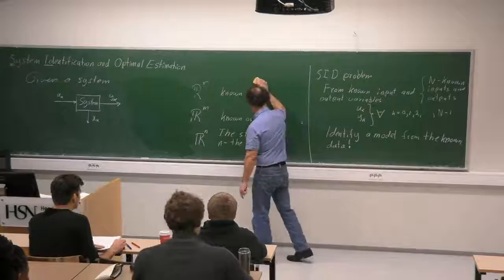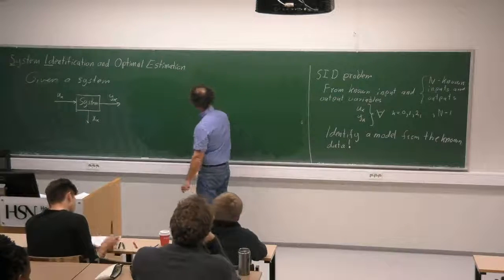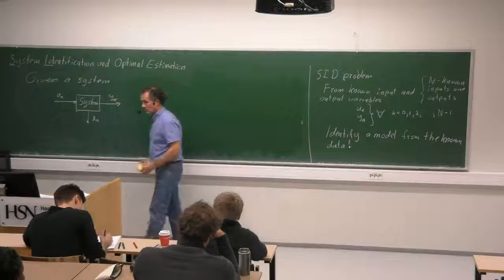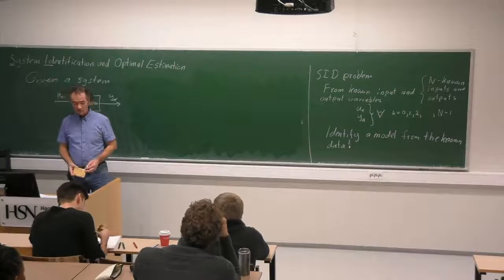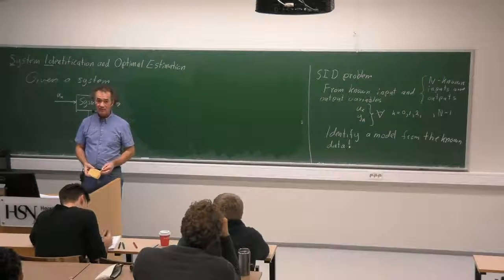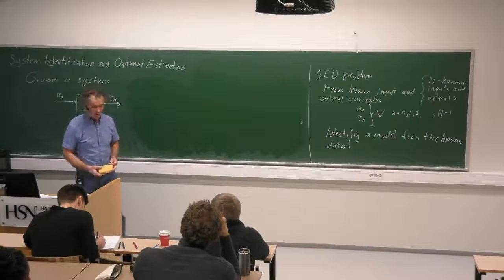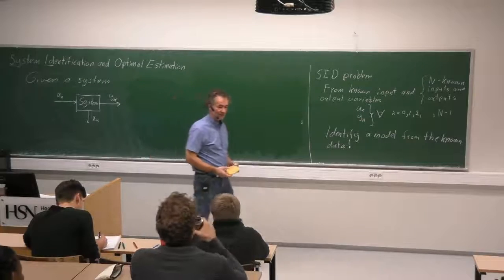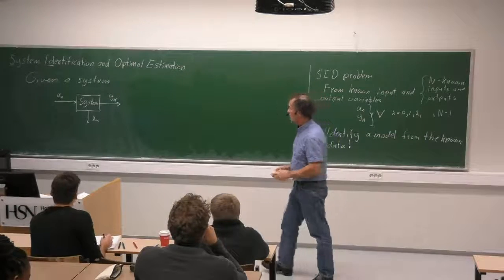So in order to solve the system identification problem, we have to restrict ourselves. And you know that non-linear models may be linearized. There exist linear approximations of non-linear systems. So let us restrict ourselves to linear systems.